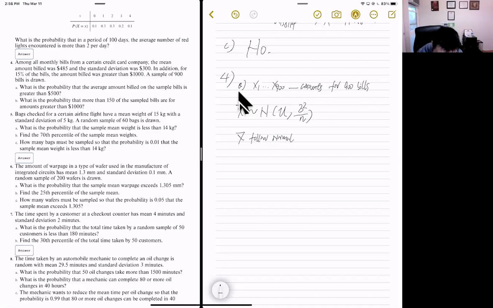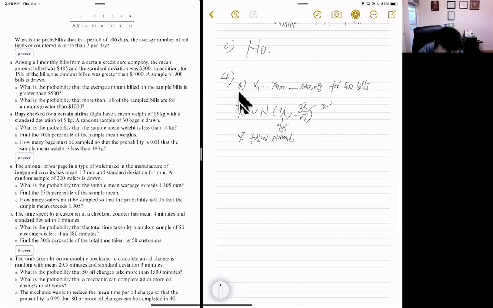Okay, with a mean value of mu. Mu is 485, doesn't change. And the new variance is based on this. Okay, so sigma here is 300.